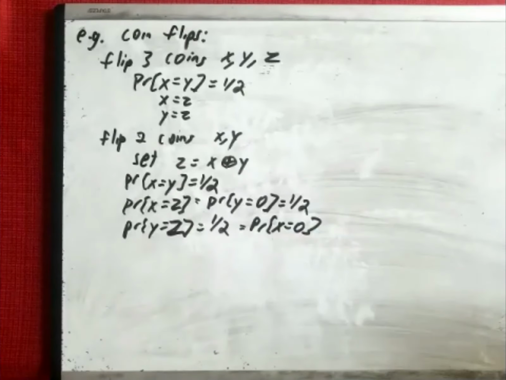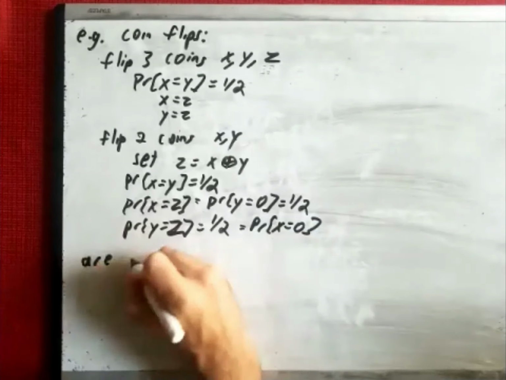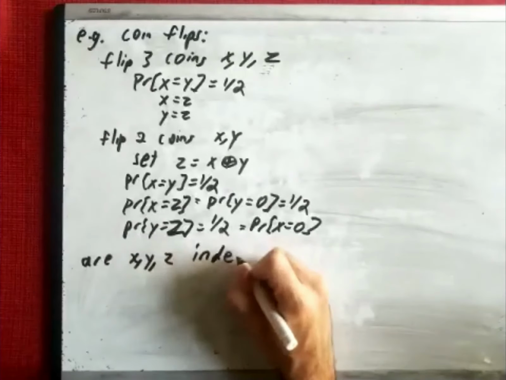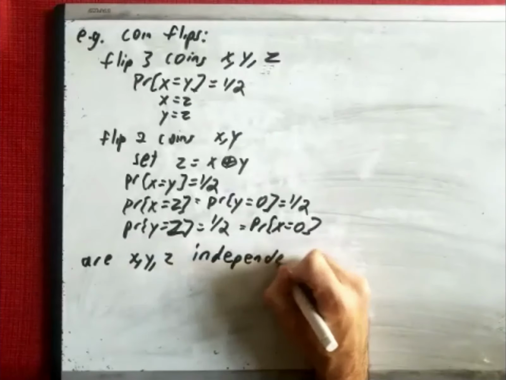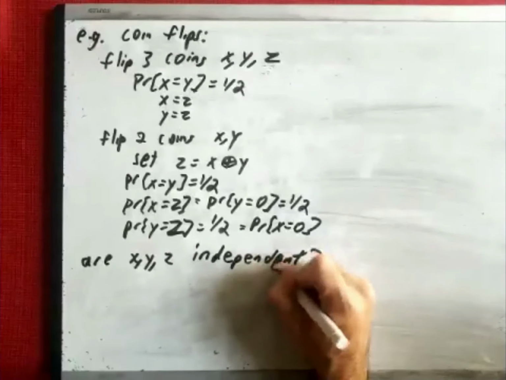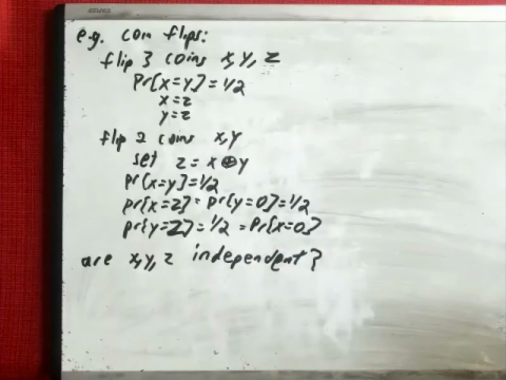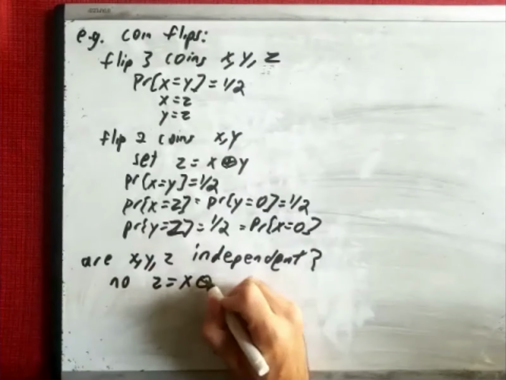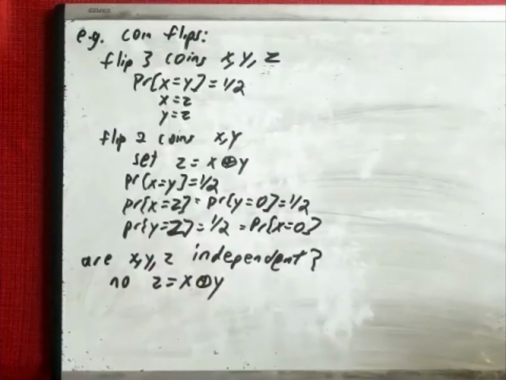So you can see what I did here, right? Are these 3 values, X, Y, and Z, independent of each other? Oh, no. They're not, right? No, because in fact, Z is equal to the exclusive OR of X and Y. If I know X and Y, then I know Z. So there is no independence, right?